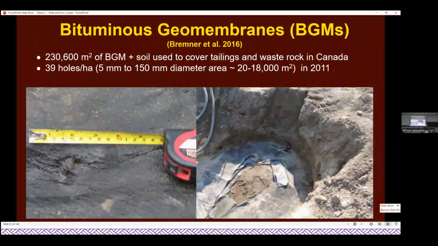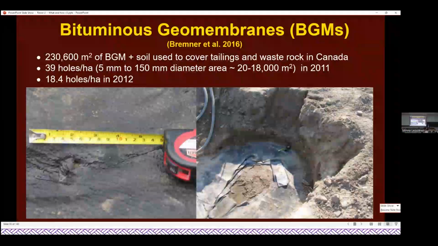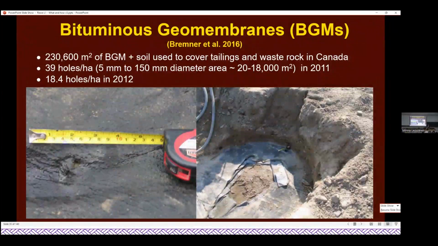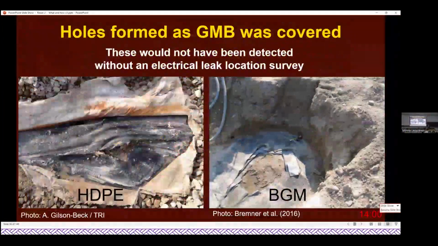That is 20 to 18,000 millimeters squared. The next year, they knew there was going to be a leak location survey, and there were still 18.4 holes per hectare. So BGMs might be thicker than HDPE, but they're just as prone to getting damaged. Now, BGMs don't wrinkle. That's one of their selling points. But they get holes just as readily.